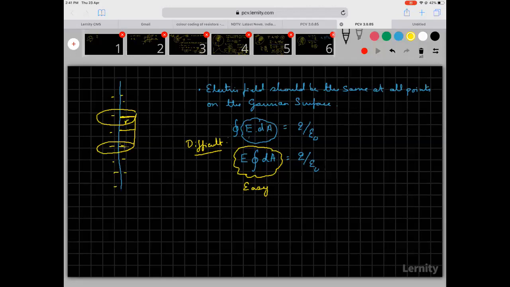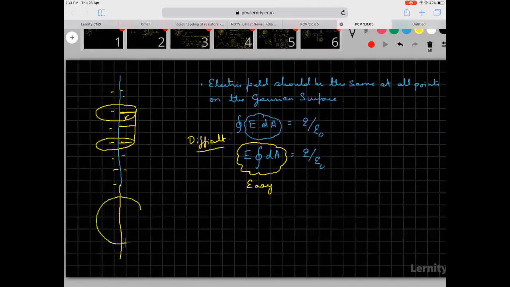Now, suppose this was the wire, and I choose a spherical Gaussian surface. Here it is r, but here it is not r, here it is nothing. So, at each of these points, the electric field is not the same. The electric field is varying, so I cannot bring E out of the integral. If I cannot bring E out of the integral, then it is a useless step.